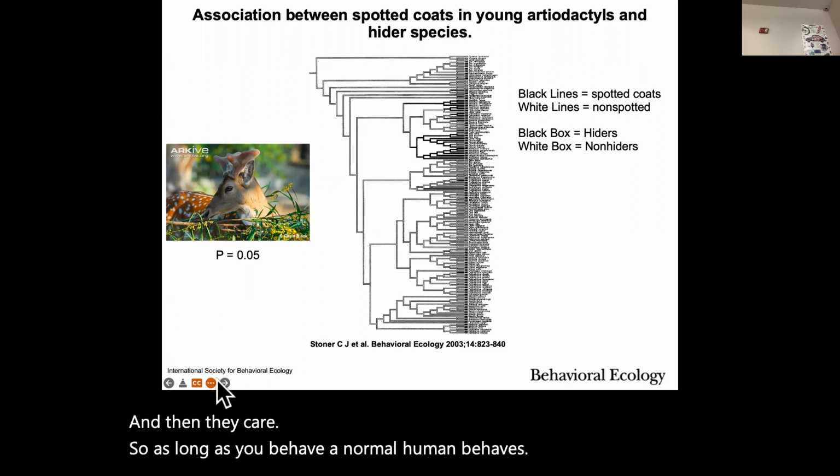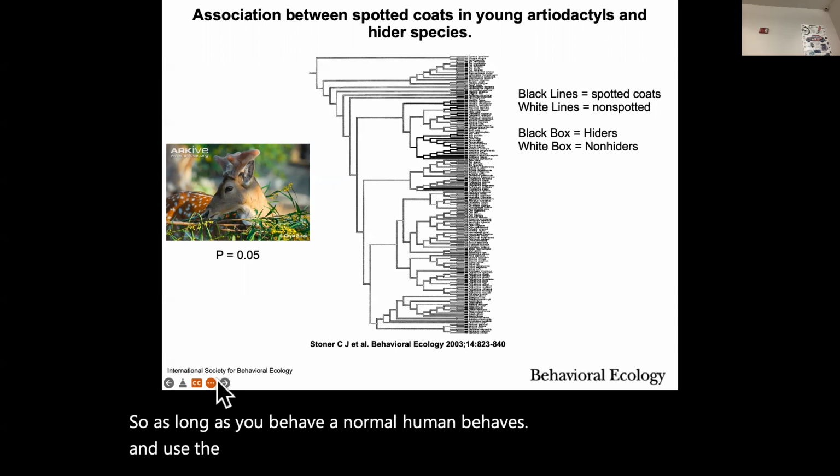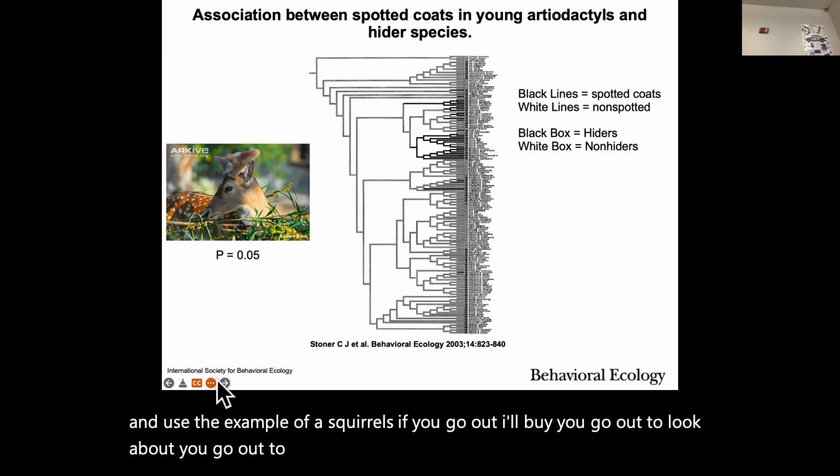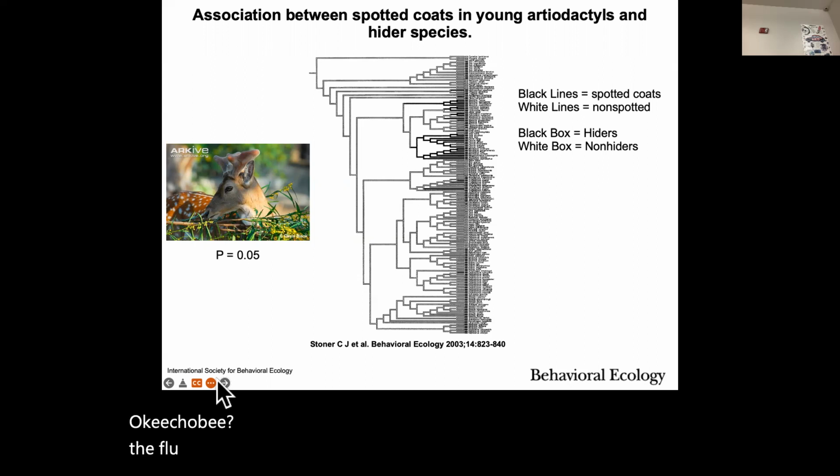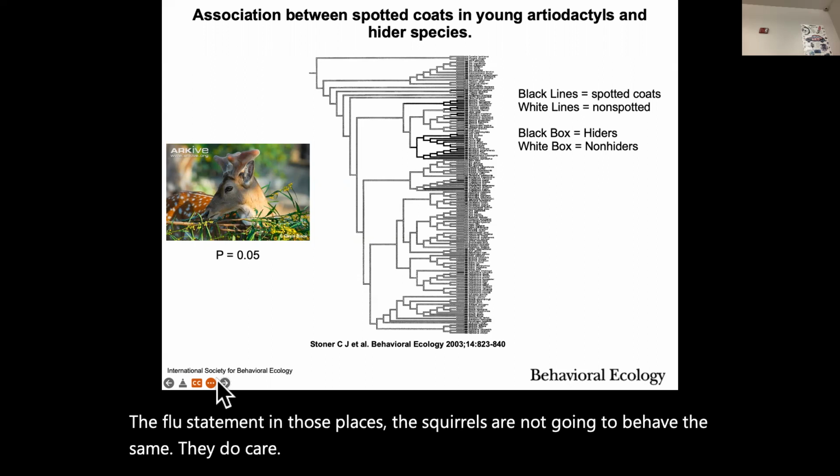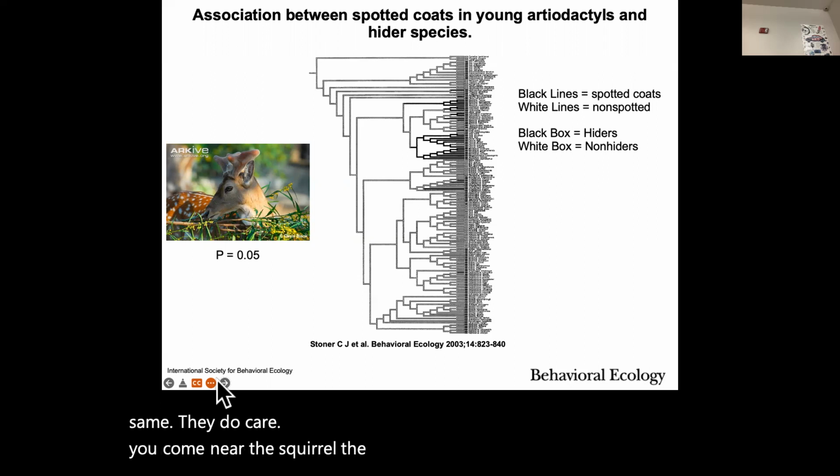And to use the example of the squirrels, if you go out to Alva, you go out to LaBelle, you go out to, what is that little town directly south of Lake Okeechobee? Lewiston. Going to those places, the squirrels are not going to behave the same. They do care. You come near, the squirrel will move. You approach, the squirrel will go into a tree.